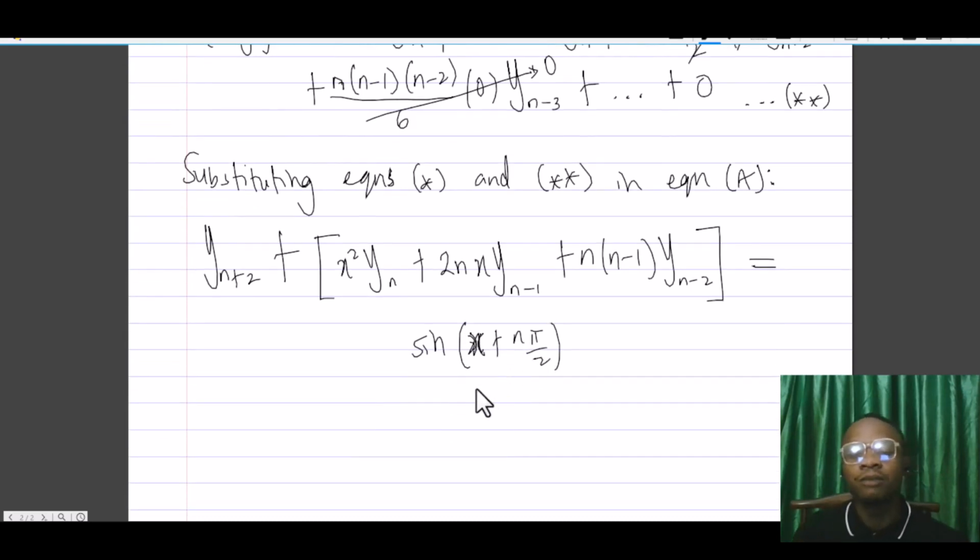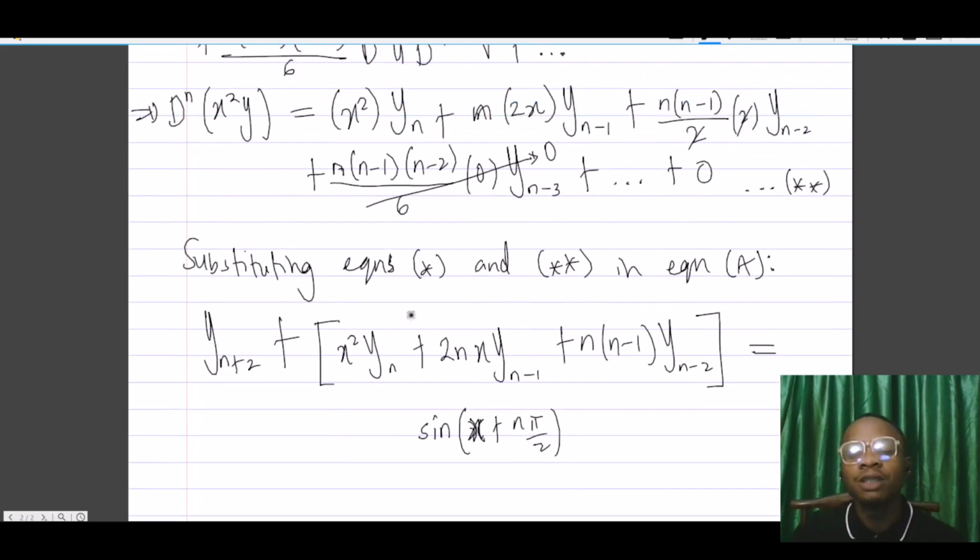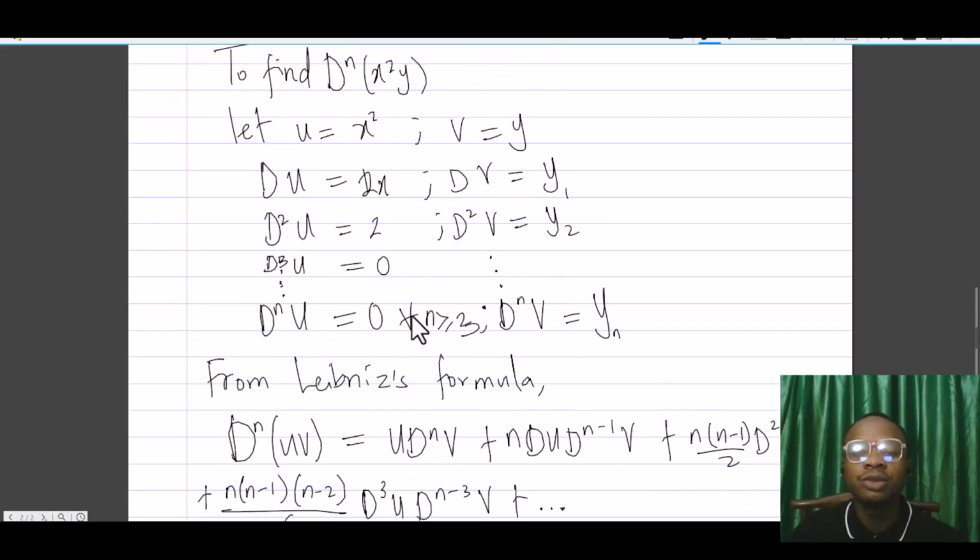So that is all we have from this expression. We now have the relationship between the different terms we have here, but that is not really the issue.